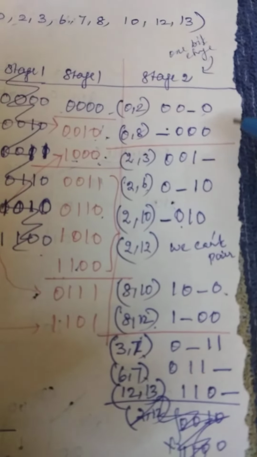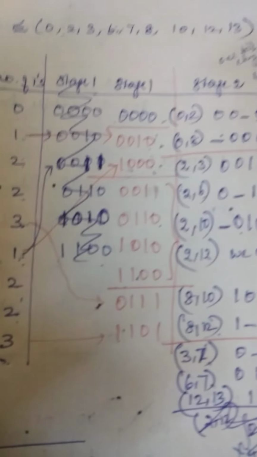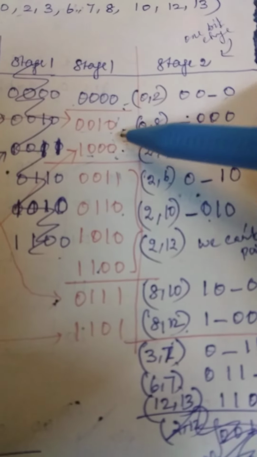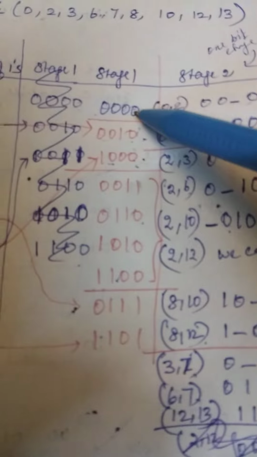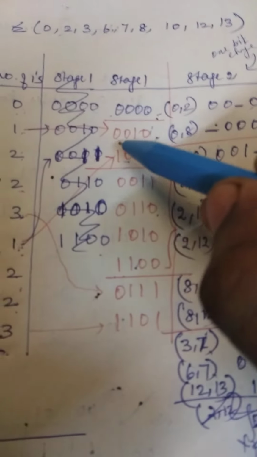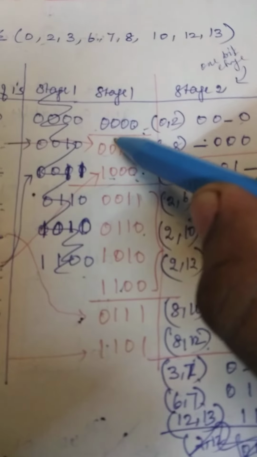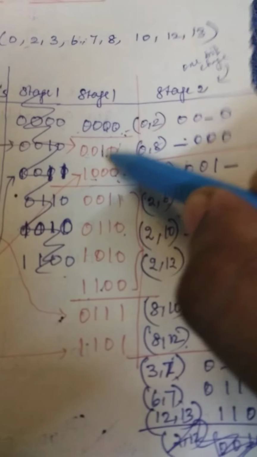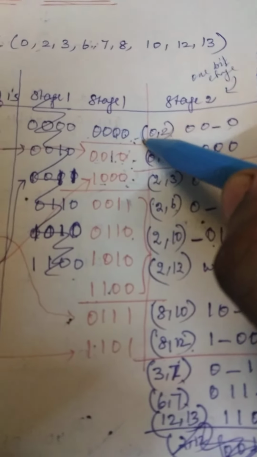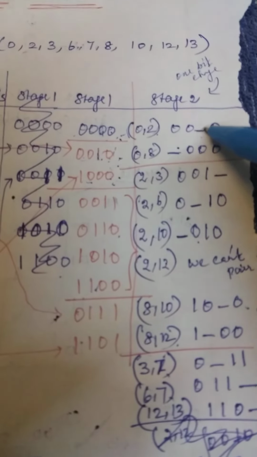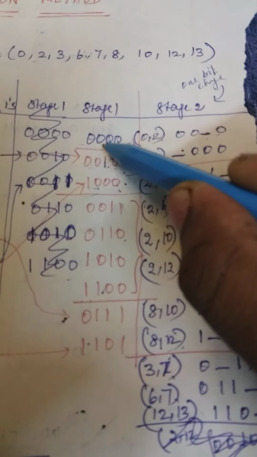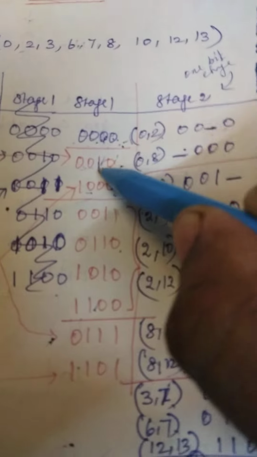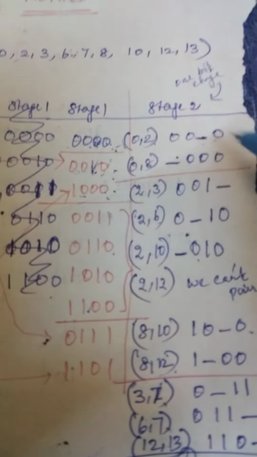Next stage, we are going to check for only one bit change. Let's start with 0000. Is any one bit change available? Let's compare. This value is 2, no? 0000 and 0010, here only one bit is changed. So 0,2 you pair like this and write the changed bit as a dash.